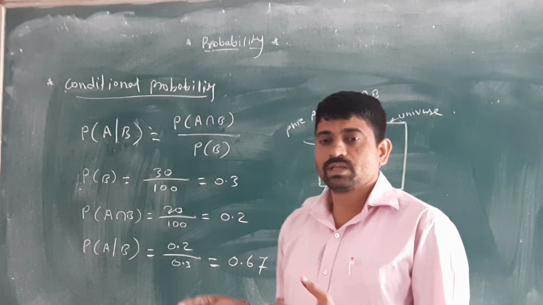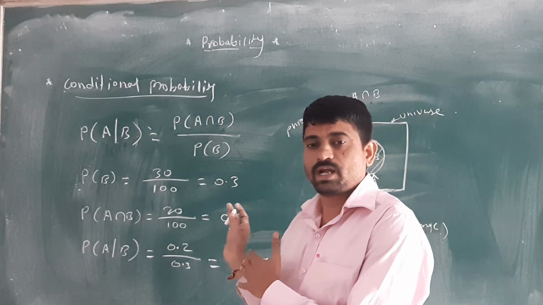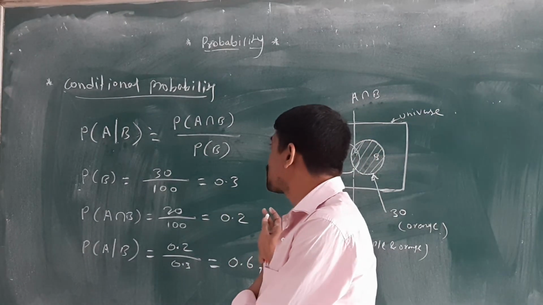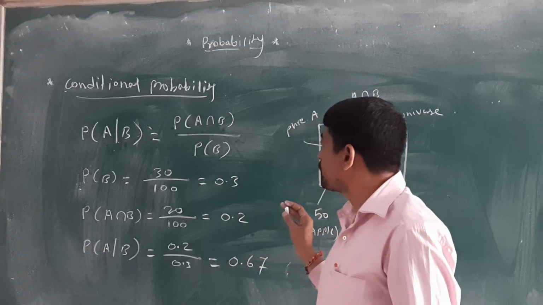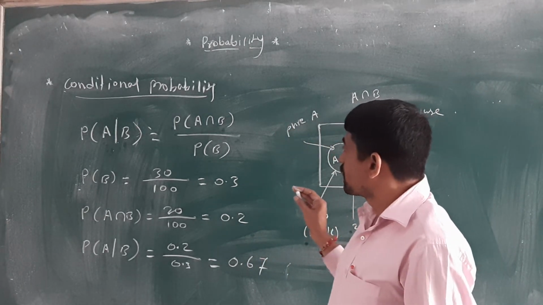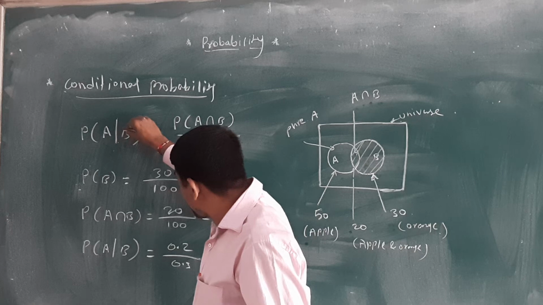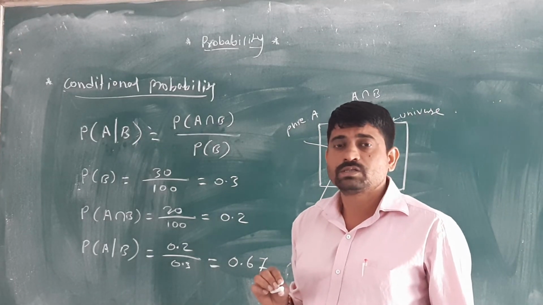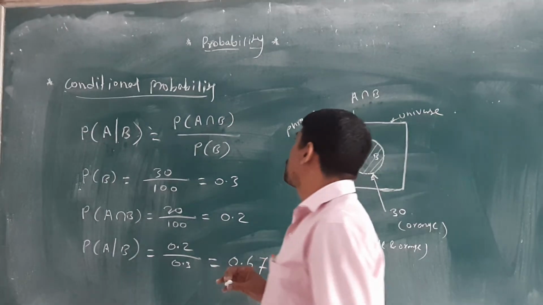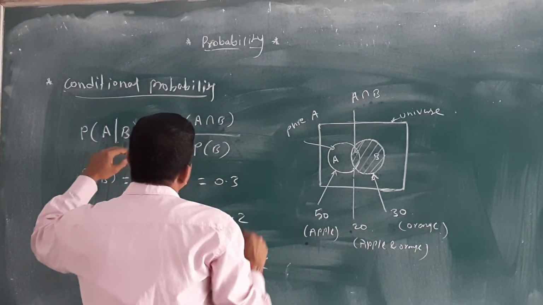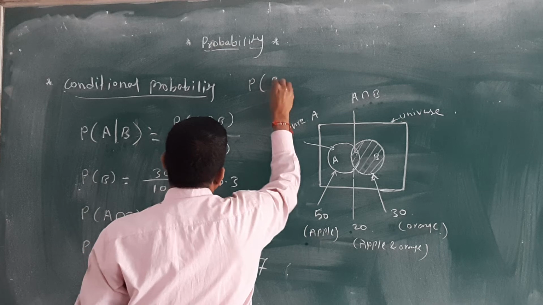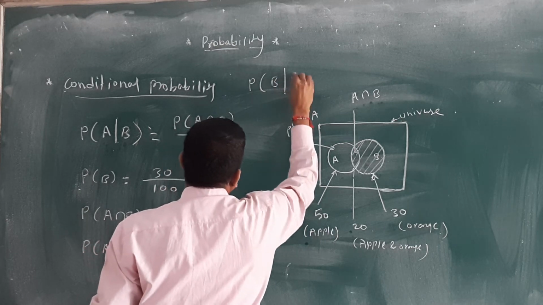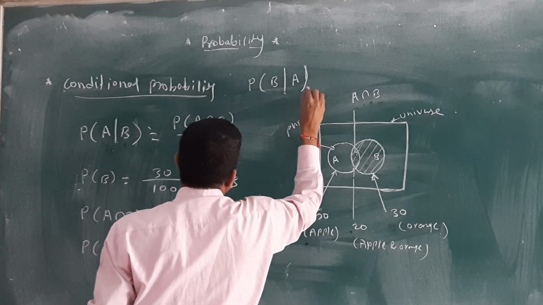You have been given two different events A and B. Then we want to find the probability of A given that B has already occurred. Suppose you are given again two events, and we want the probability of B given that A has already occurred.